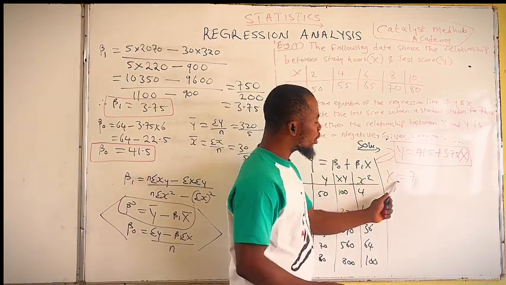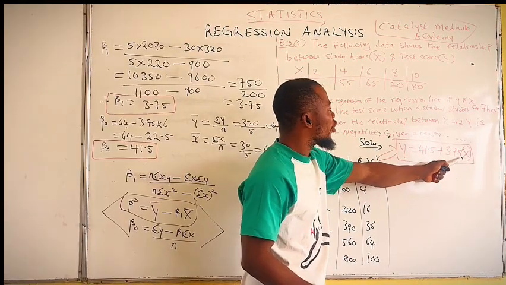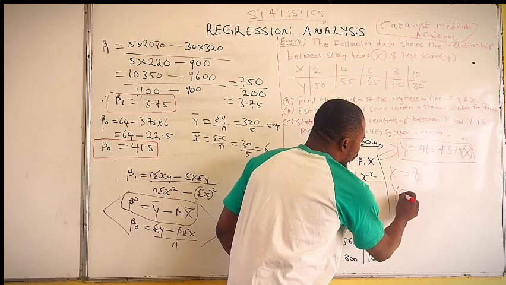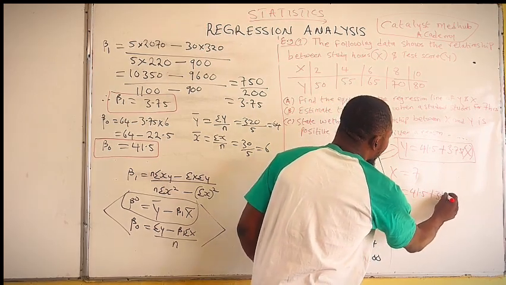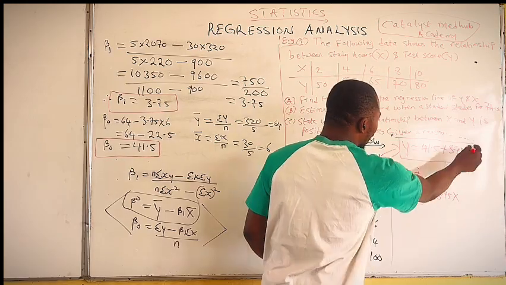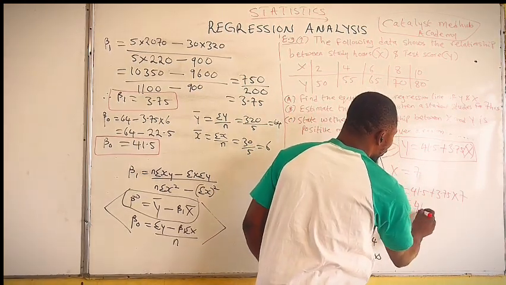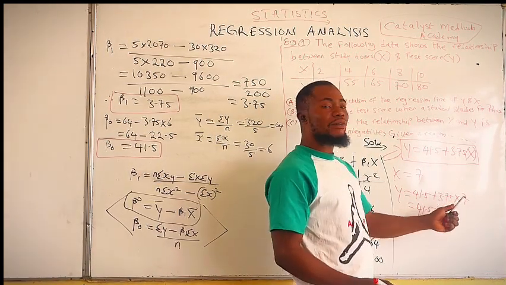Now we will input this x in the position of the x of this linear regression line that we've already found. So our y will now be equals to 41.5 plus 3.75 times 7.